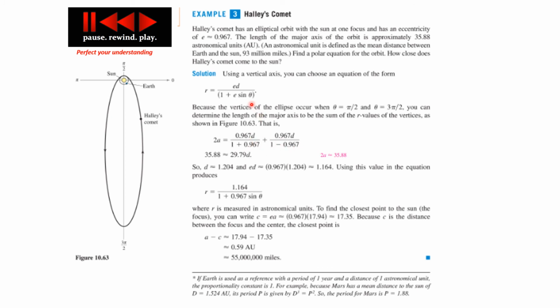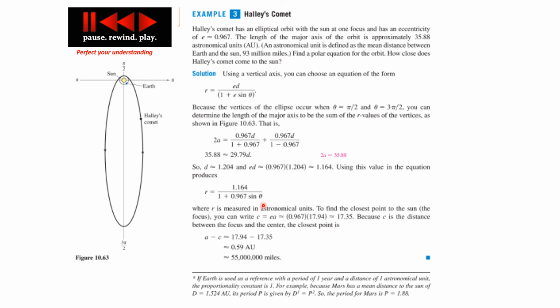And the sine of pi over 2 is 1, and the sine of 3 pi over 2 is minus 1. So we substitute that in to get this. So 2a, which we knew was 35.88, so we just have one equation in d to solve, and we'll find out that d is equal to 1.204, and that means that ed is this times this, which is 1.164. So that's the value in the top, that's the product ed.